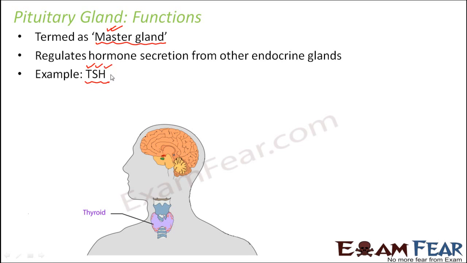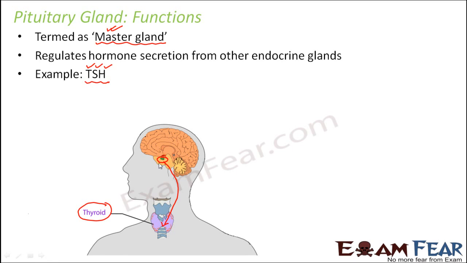Thyroid stimulating hormone acts on the thyroid gland. And where is the thyroid gland located? It is located somewhere near the neck portion of our body. And where is the pituitary gland located? It is here. This green colored thing is the pituitary gland. So the pituitary gland, which is sitting in the brain, controls the thyroid gland from there. How?